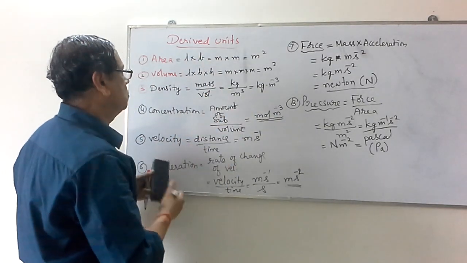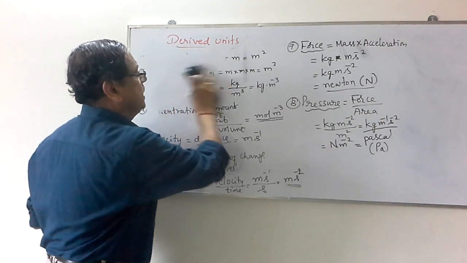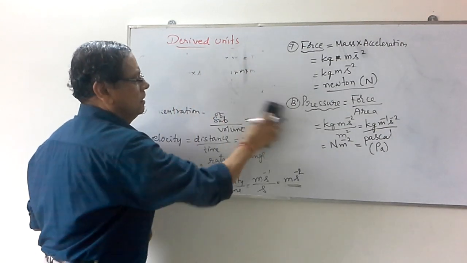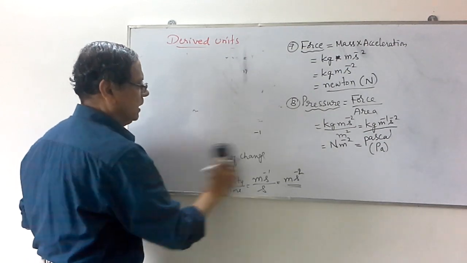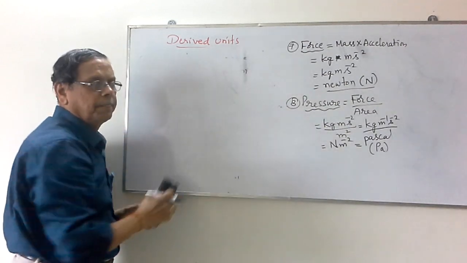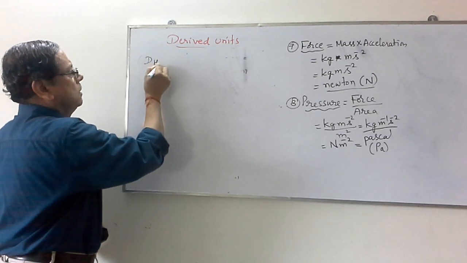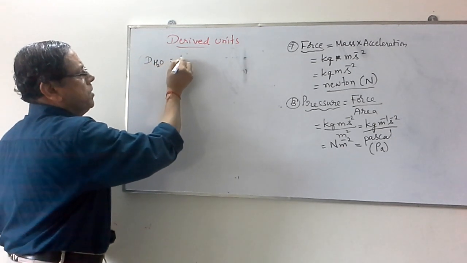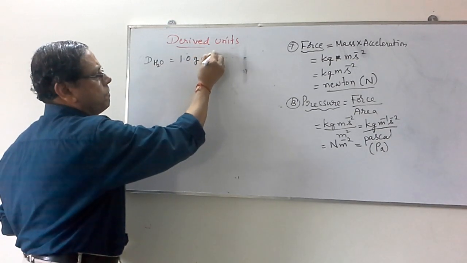Now let us see one or two expressions with respect to density, concentration, etc. Let us see some conversions in fact. Suppose you are given density in terms of some CGS unit. Say for example, the density of water is equal to 1.0 gram per cm cube.